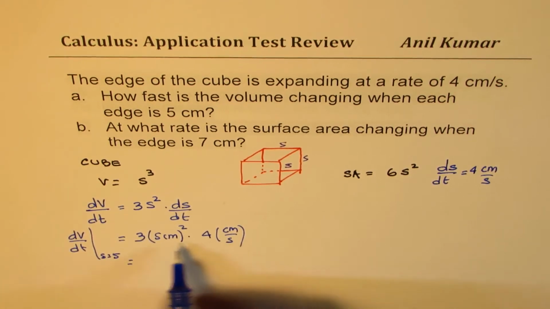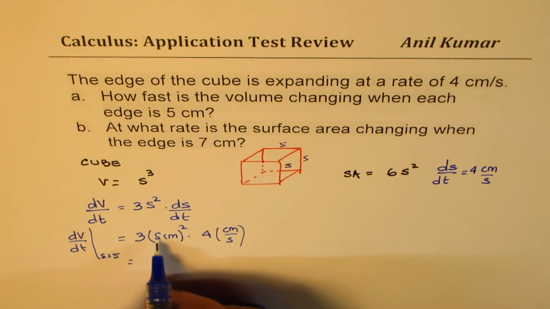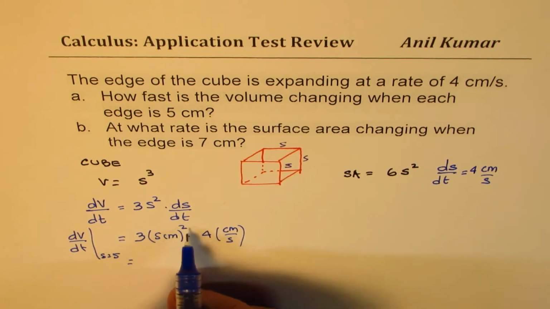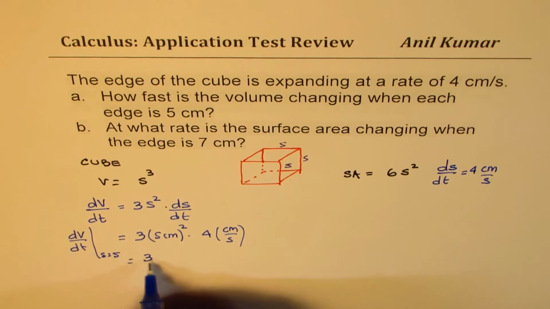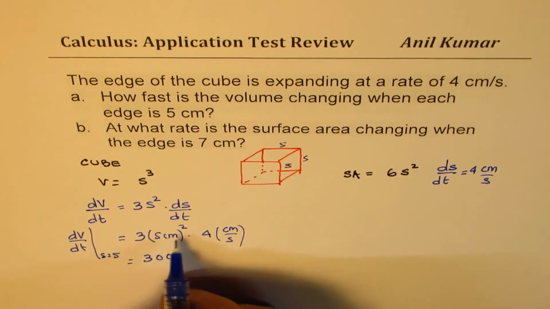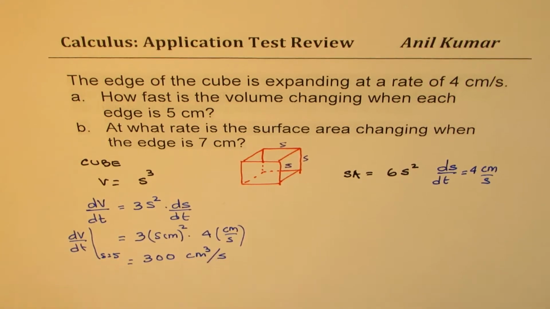Now we can do 5 times 4, 20, and 3, 60, but 5 square, right? So it is 25 times 4, which is 100, and 3 times that, 300 we get. So we get 300 centimeter cube per second. Do you see that? 5 square is 25 times 4 times 3. Okay, so that is how you can take care of units as you move along.